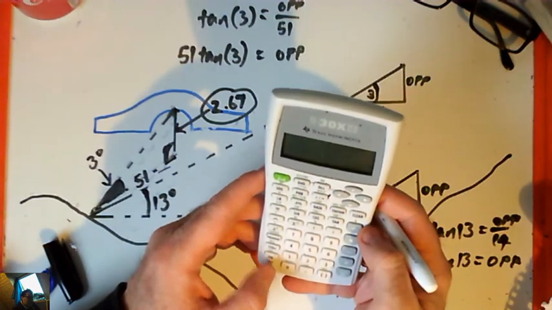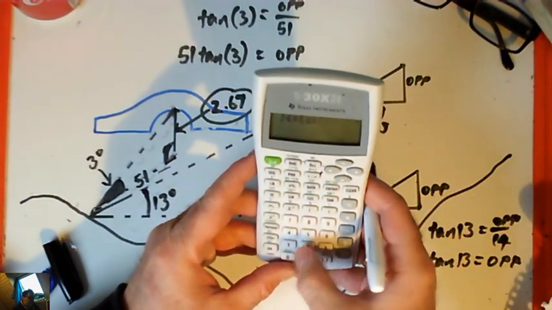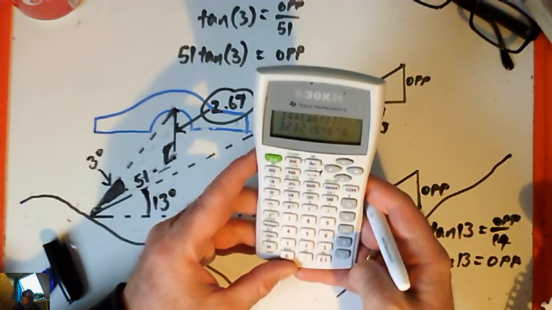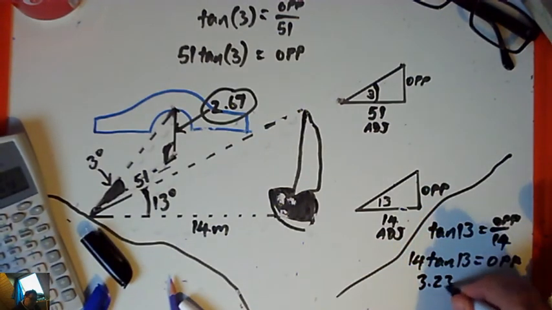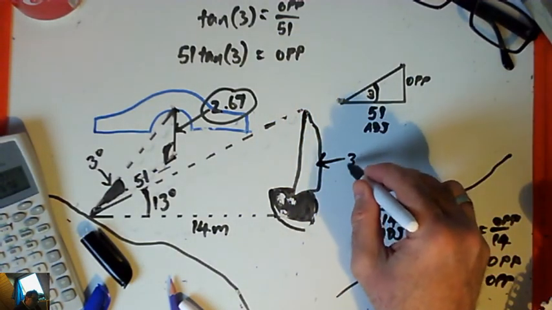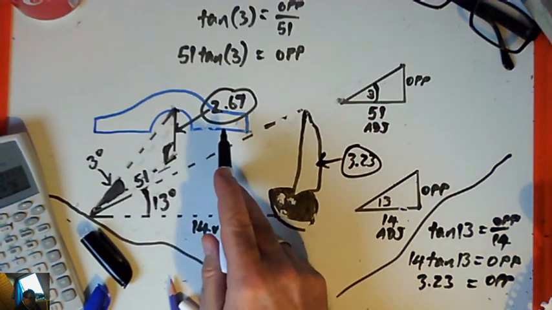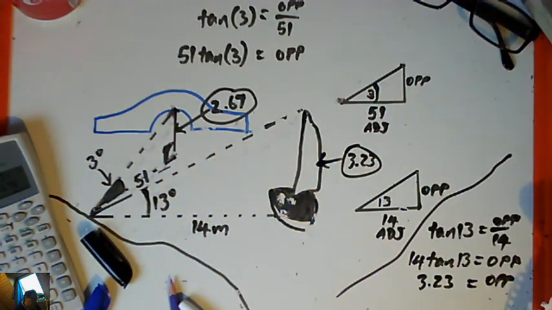So clear that, and 14 times tan of 13, close brackets, equals 3.23. 3.23 is the opposite side, so 3.23 is the height of the boat, but it's only got 2.67 clearance under the bridge, so it's not going to make it.